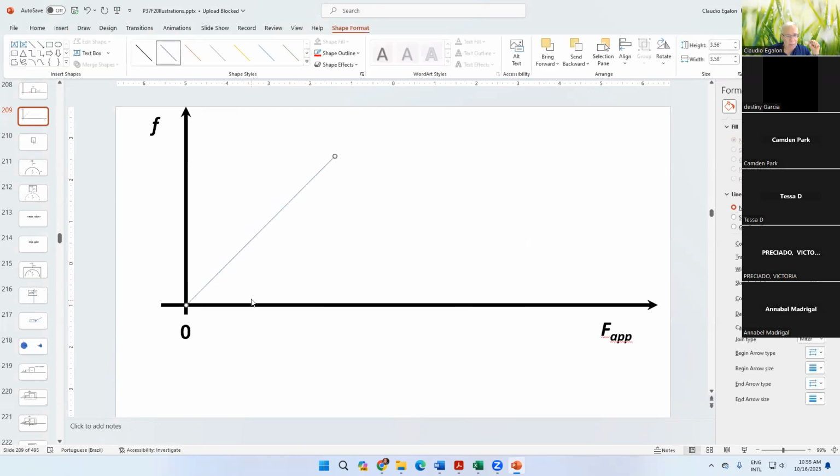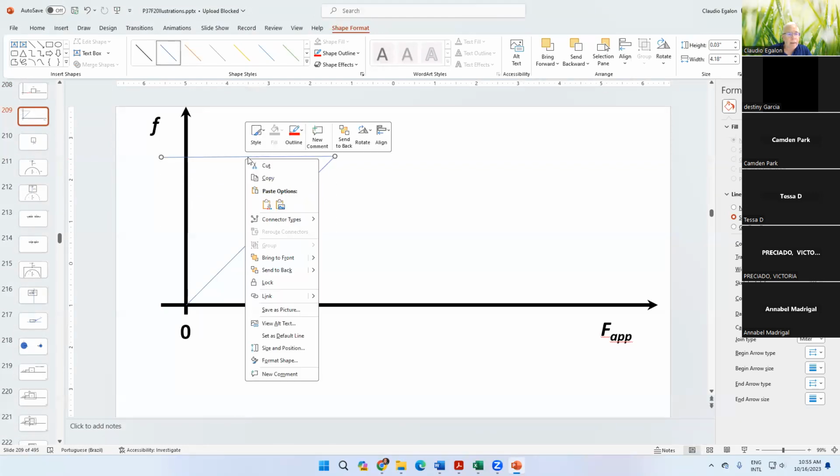This slope here is 45 degrees. The force of friction is directly proportional to the applied force. And then there's a limiting value for this force of static friction.